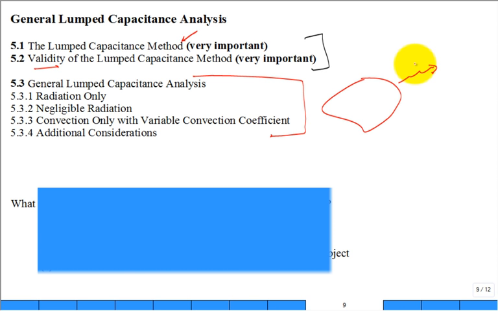And you can have a lumped capacitance model with radiation only, or with variable temperature dependent coefficients for the convection, or with heat generation within the solid and other considerations. Well, they're all neat and they're all applicable. We just don't have time. So skim it, skip it, either way. All right, but what's the key idea? Let's ask another clicker question.